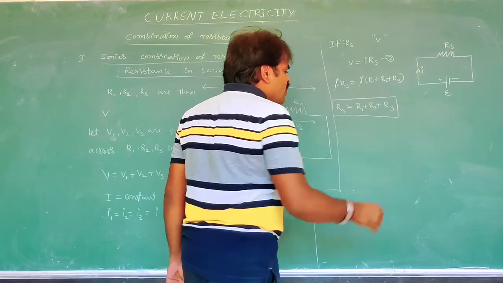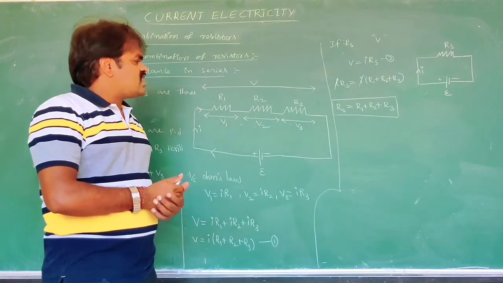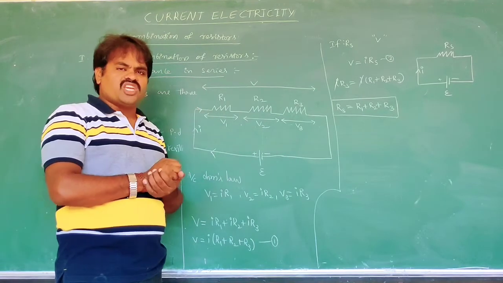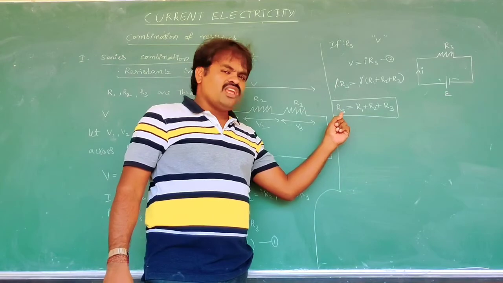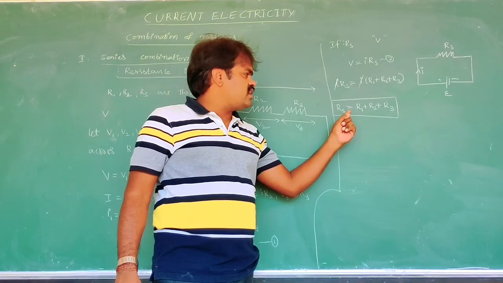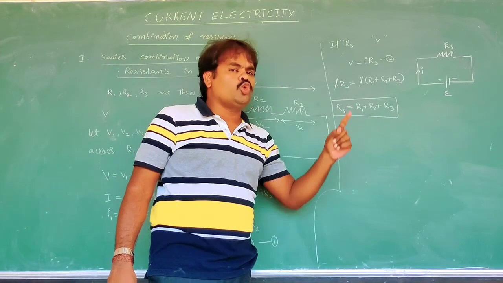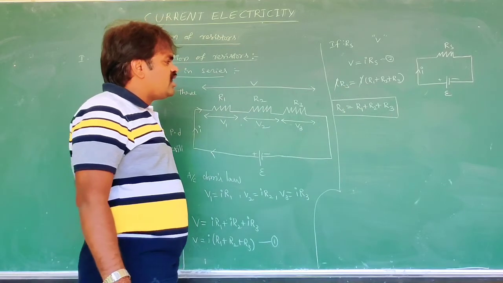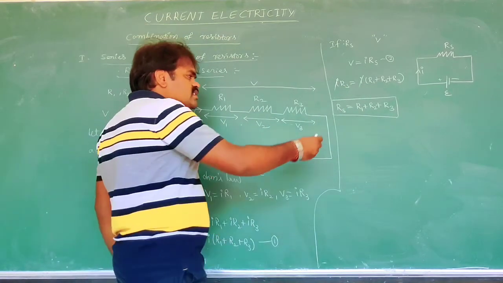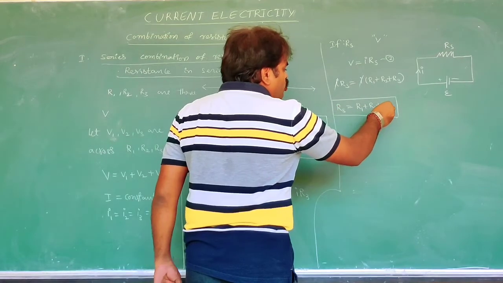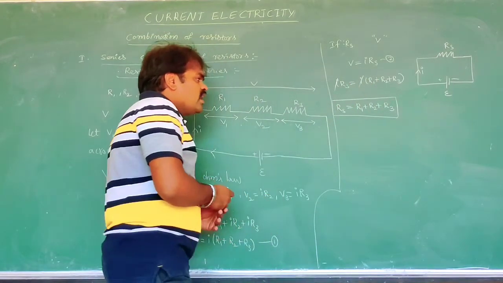Here the resistors are connected in series combination. Then in the series combination, the equivalent resistance must be equal to the sum of the individual resistances. Rs is equal to R1 plus R2 plus R3.